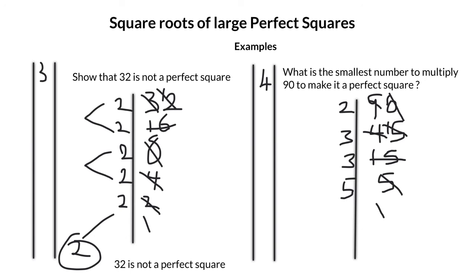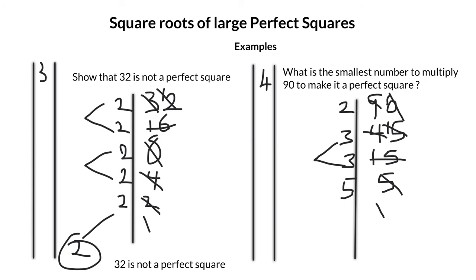Now we are going to put these numbers in pairs. The first number 2 has no pair because there is no other 2 here to pair it up with. But the number 3, there are 2 of them, so we can put them in a pair. So we have our first pair here. The last number 5 has no pair. There is no number to pair it with.